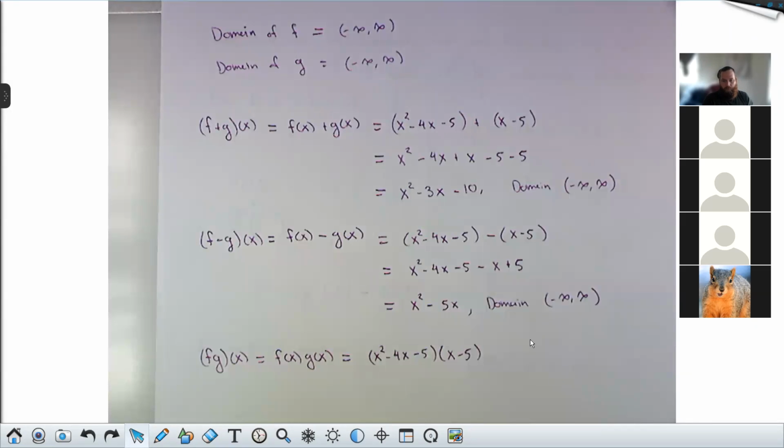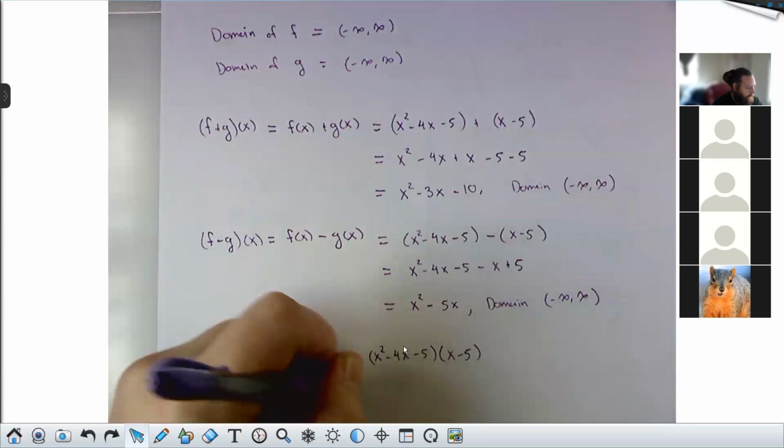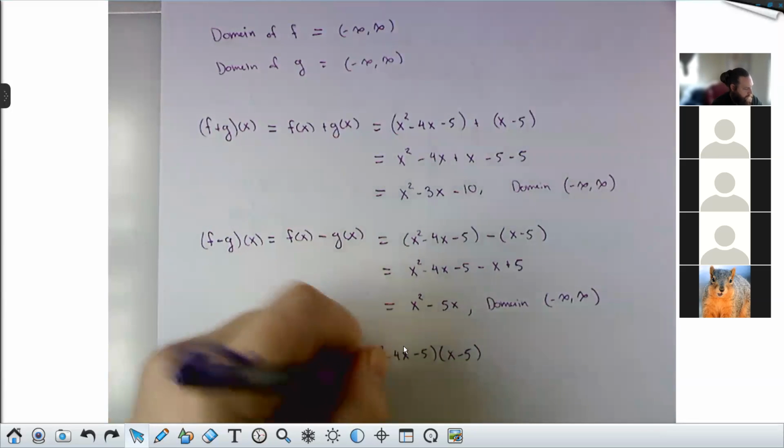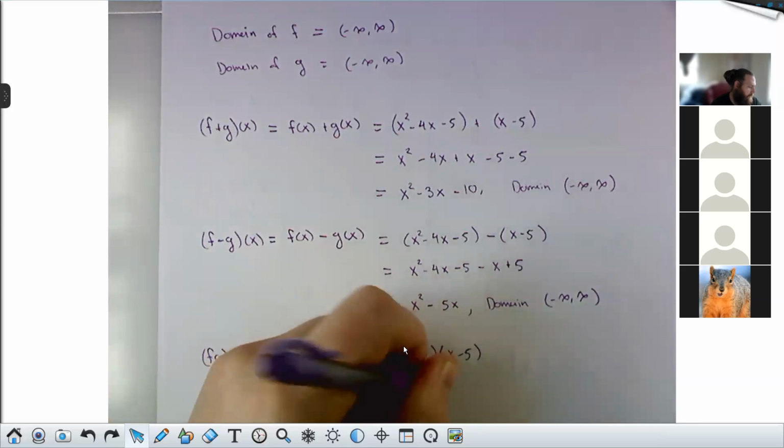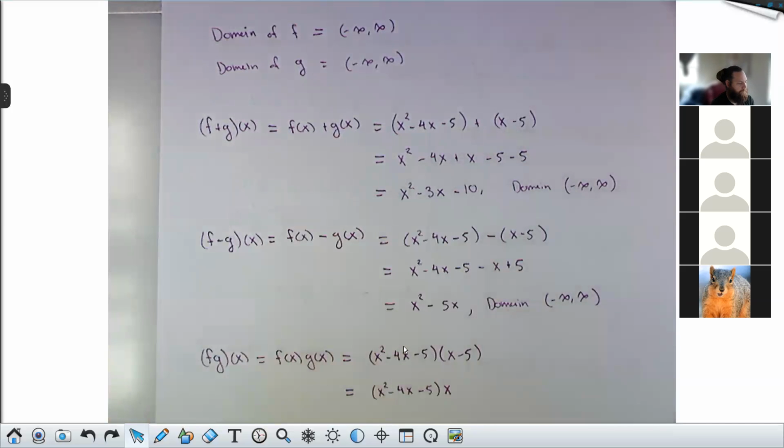This requires some distribution. It's kind of like foiling, but there's 3 terms in the first piece, so it's not exactly foiling. The general word for that is just distribute. That means I need to take this whole thing, multiply it by x, then take this whole thing and multiply it by 5 and subtract them. So I'm going to go ahead and write out what we get when we distribute. This will be x squared minus 4x minus 5 times x. That's this whole thing times this guy.